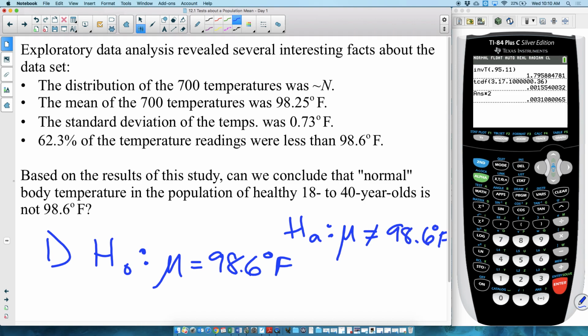How did you get that it was not equal to instead of less than or greater than? Well, it just says can we conclude that it's not normal, not can we conclude that usually people are less than this or usually people are greater. Exactly. They just said not equal to. They didn't say less than, they didn't say greater than, they just said not. Good.